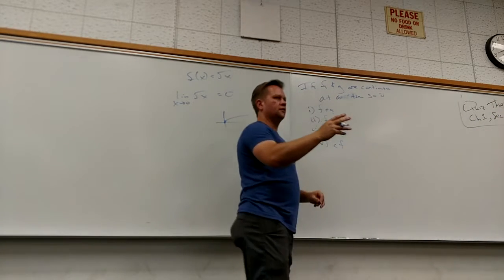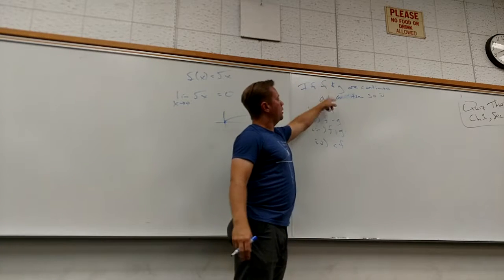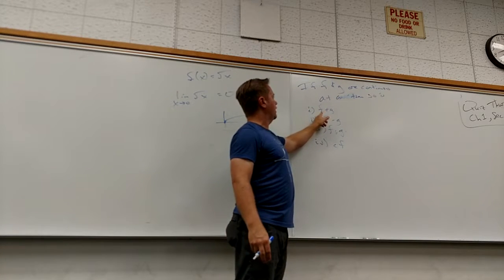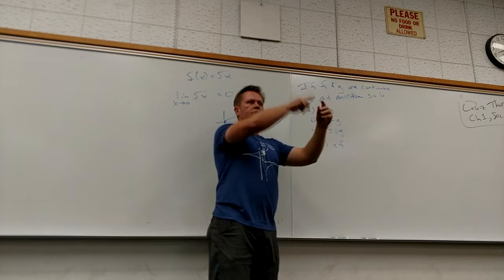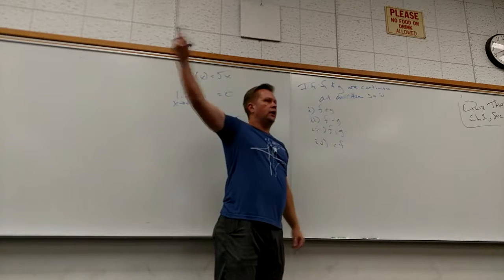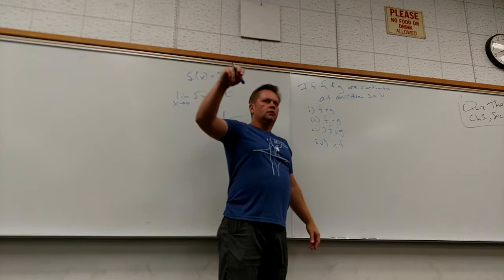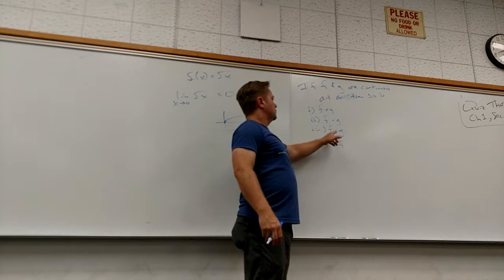Right, so if f and g are both continuous at a, then obviously f plus g is continuous at a. If they're both well-behaved, when you add them together, you get another well-behaved function. So is the difference, so is the product.